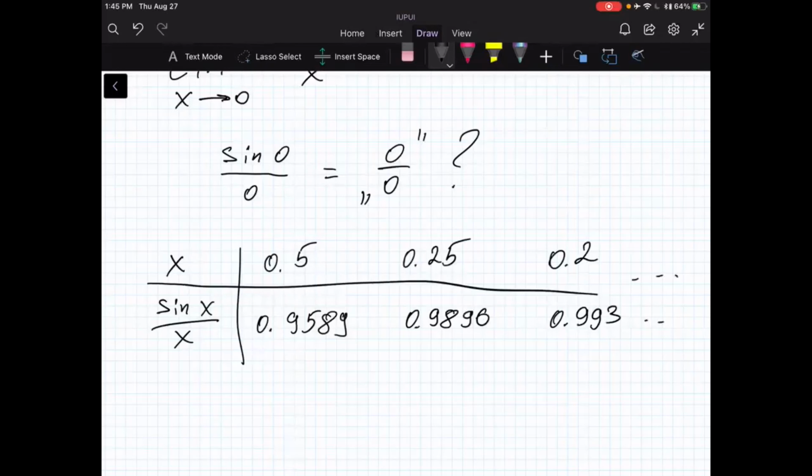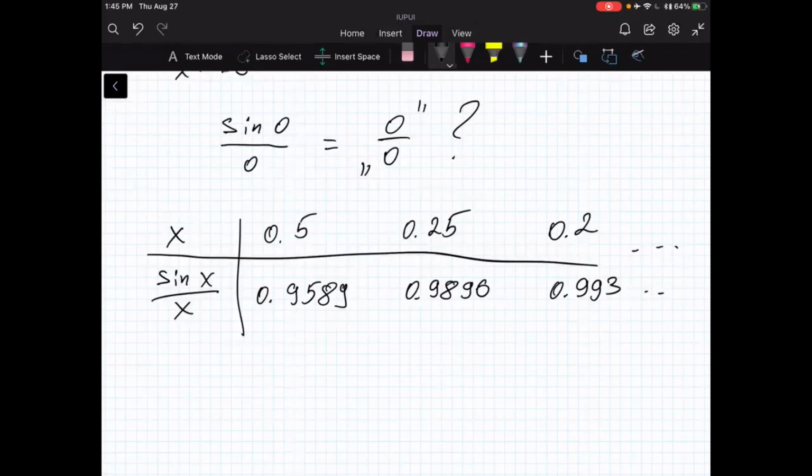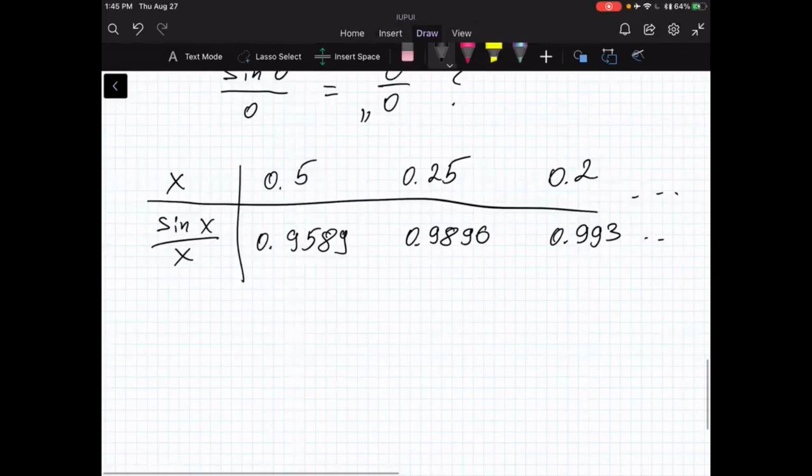So we see that while x is approaching 0, our function gets closer to 1. So in that sense, we can write that the limit when x goes to 0 of sine of x divided by x is equal to 1.